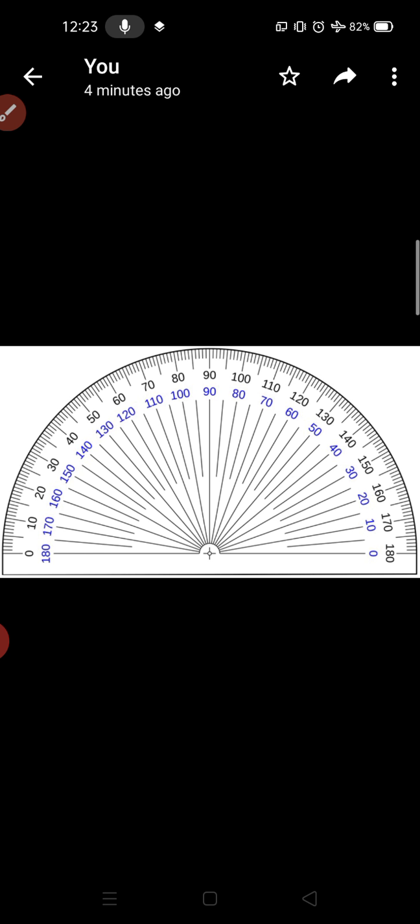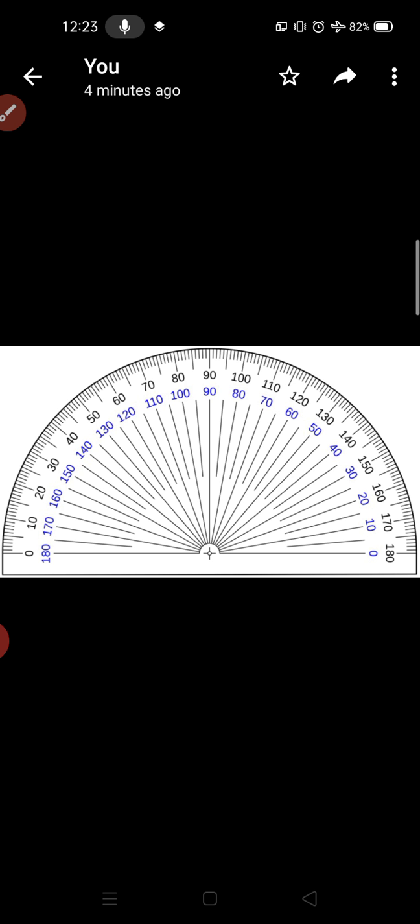If 0 starts on the left side, then 180 will end on the right side. Means from 0 to 180 we have 2 times, from right to left and left to right. Why do we have it 2 times? So the measuring of an angle is not always from one direction.